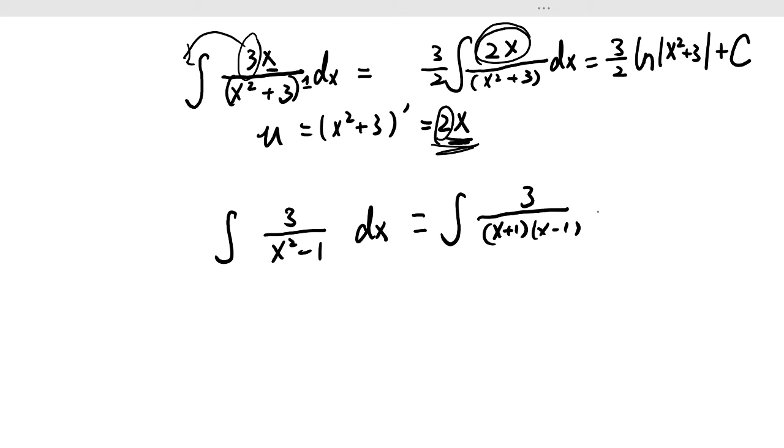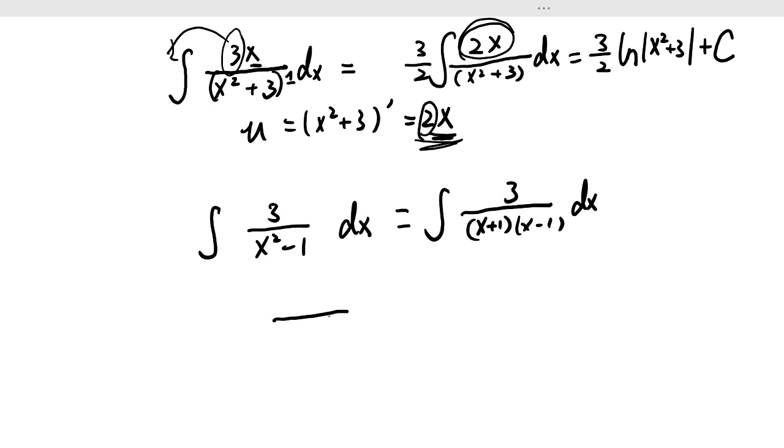The 3 doesn't really matter, as you know, so we can put a 3 in front later on. So now we are trying to rewrite this into partial fraction form. We just did that before, so I'm just going to rewrite. That's going to be x plus 1, x minus 1.